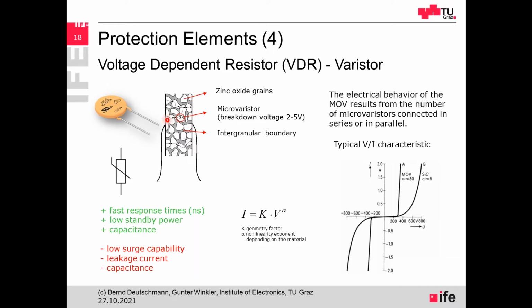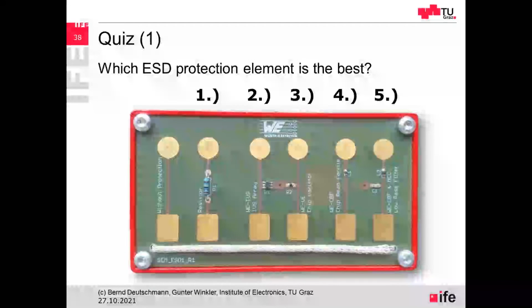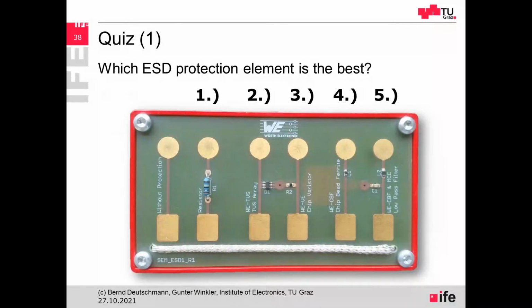Depending on how many so-called microvaristors are connected in series or in parallel, the manufacturers can define the breakdown voltage when this varistor starts to be active, and also what kind of internal resistance this varistor will finally have. And there are many, many different types of varistors currently on the market. And I'm pretty sure there are many, many more protection systems that should be mentioned.